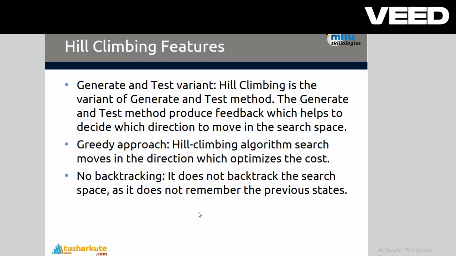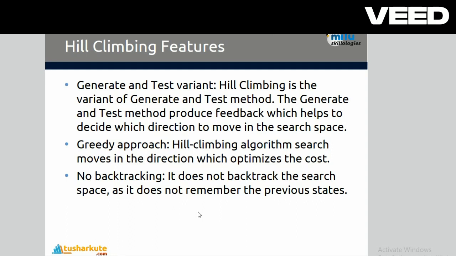So the main feature of the hill climbing algorithm is the generate and test variant. This climbing algorithm is a variant of the generate and test method. The generate and test method produces feedback which helps to decide which direction to move in the search space.